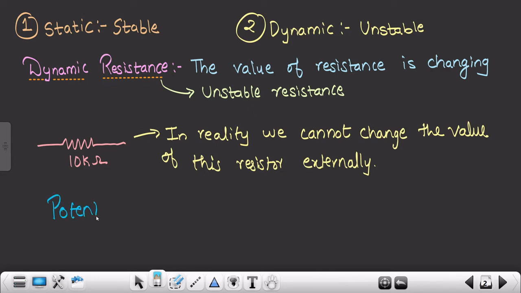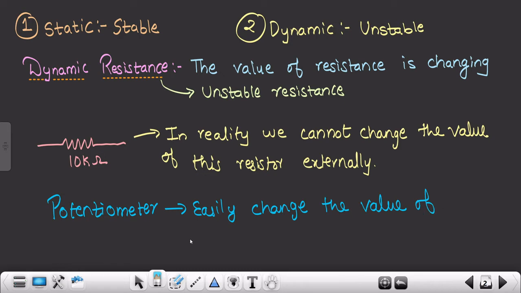Now you will tell me that over here we can easily change the value of the resistor, right? We can easily change the value of the resistor by rotating the knob, right?